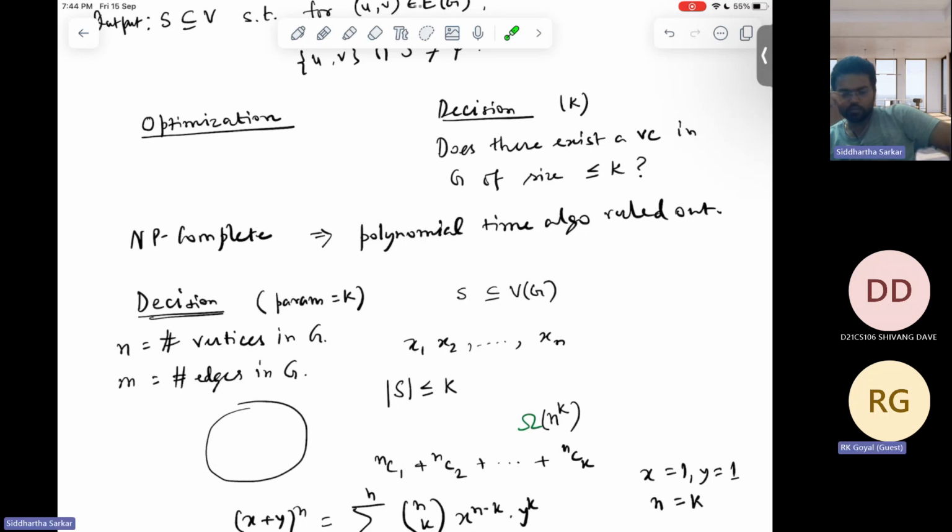So what if k is 2? Then in the assignments, there can be a maximum of 2 ones. And those 2 ones in a binary string of length n can appear at how many different places?